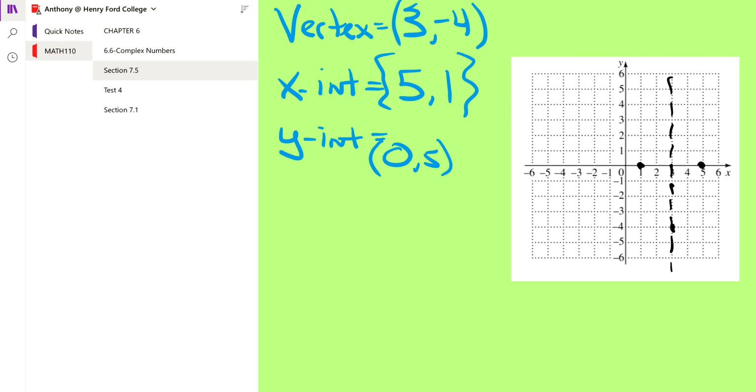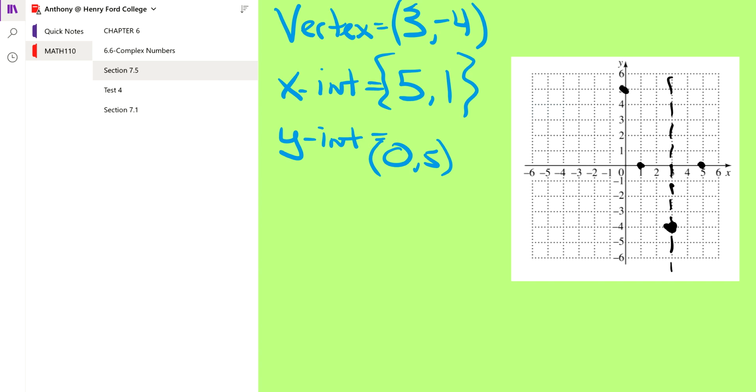So that kind of tells me I'm doing it right. I've got my x-intercepts, I've got my vertex here, and now I just have to plot the y-intercept, which is 0, 5, and that's way up here.